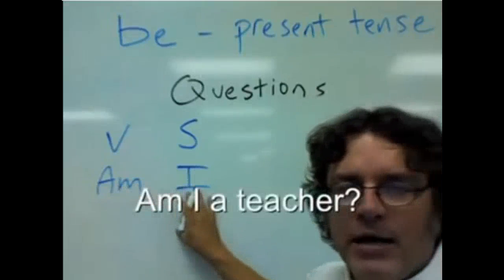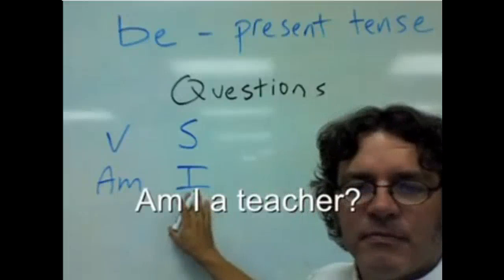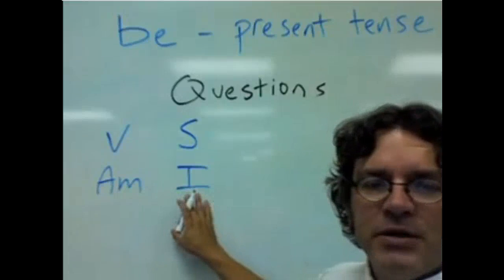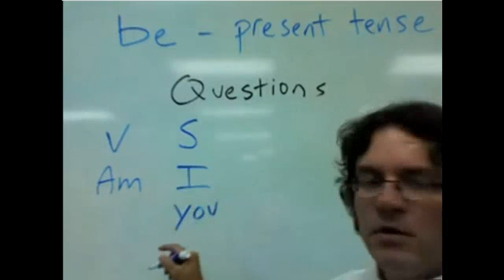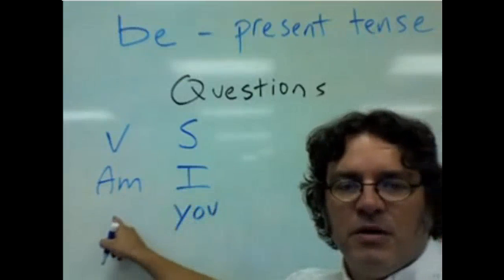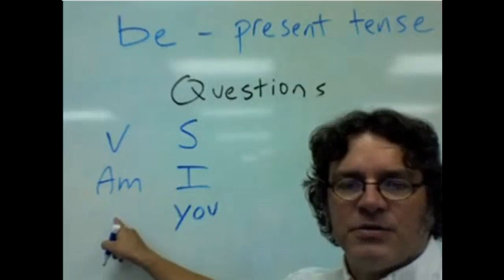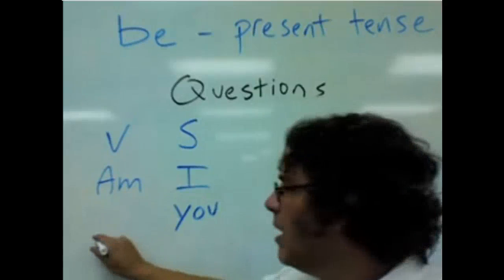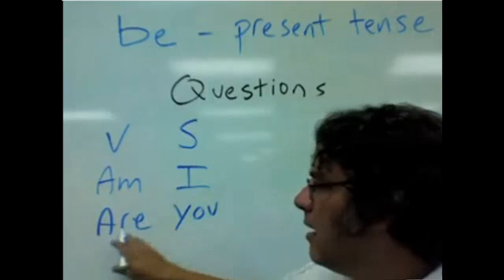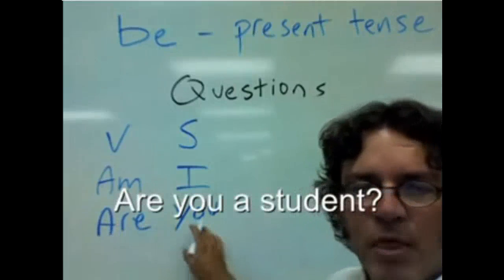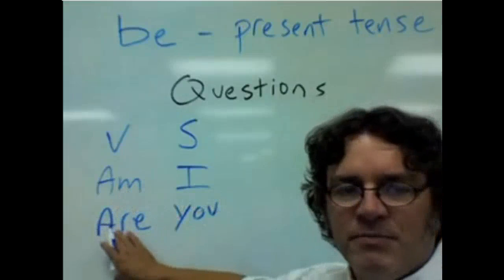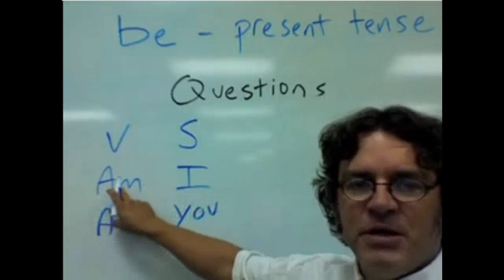Am I a teacher? If the subject is you, the verb be goes first. Are you a student? Remember that this is the verb be, just as this is the verb be, this is the verb be.